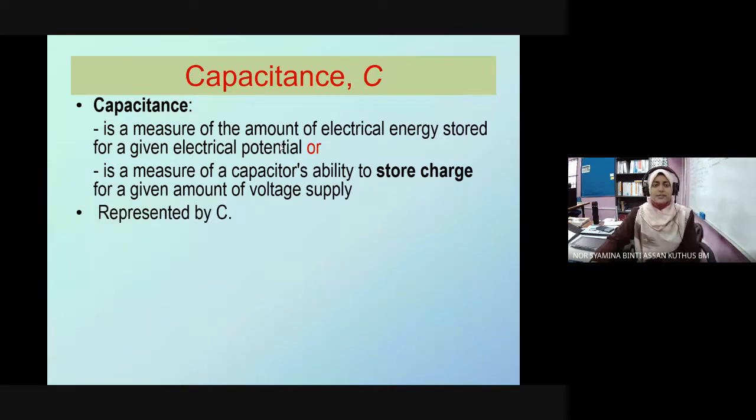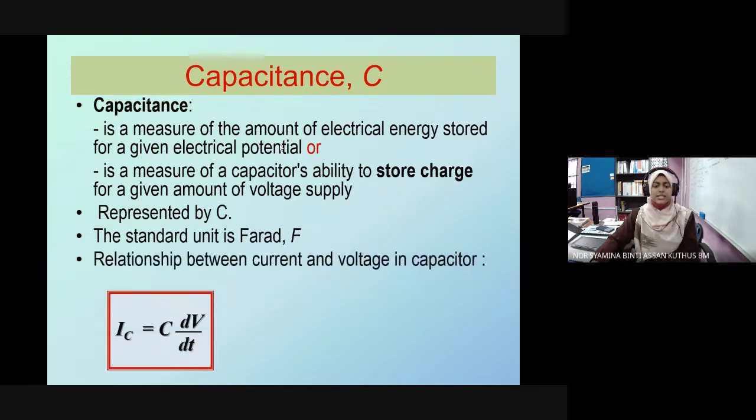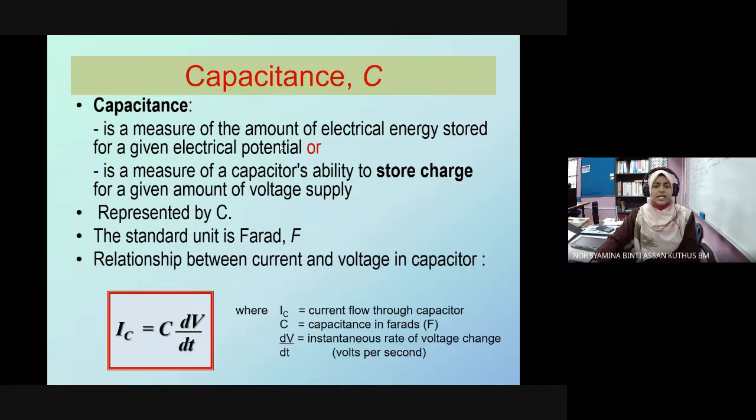Okay, kita akan represent capacitance using C. Standard unit is farad. Relationship adalah current flow through the capacitor over the instantaneous rate of voltage change. Kalau tadi adalah inductor, it depends on rate of electrical current change. Capacitance depends on rate of voltage change.